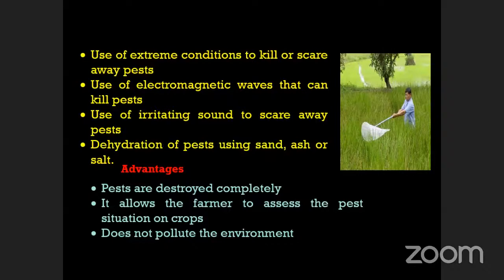So if you put it inside the store and you also increase temperatures in the store by putting in light, you have changed everything. The conditions can easily scare them away.